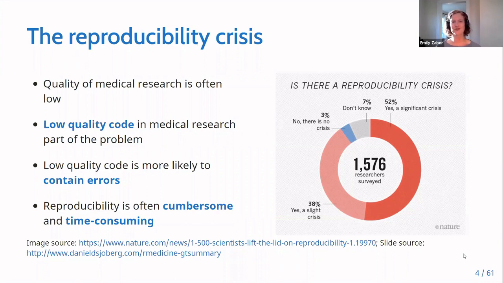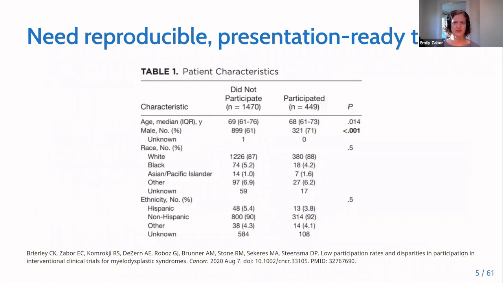Reproducibility is the key to fixing some of these problems, but it can often be cumbersome and time consuming. So for people who don't have programming experience, or clinicians, we want to make this as easy as possible. This is an example of a very common table you would see in a medical research paper, a table 1, where down the rows you have characteristics of the included subjects, and in the columns you have some outcome of interest, and then maybe a column of p-values like this.